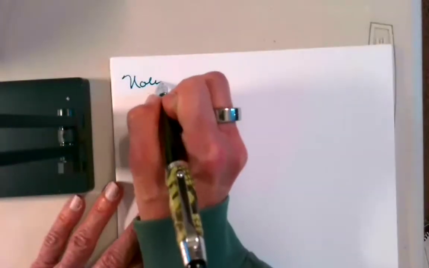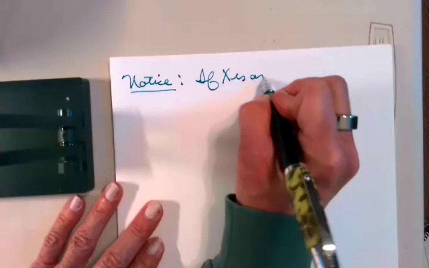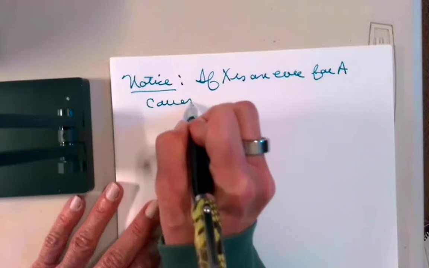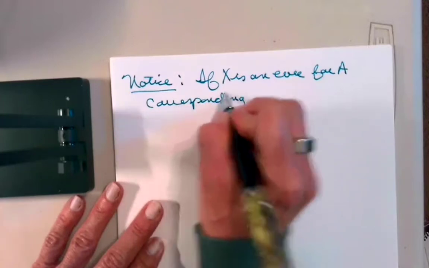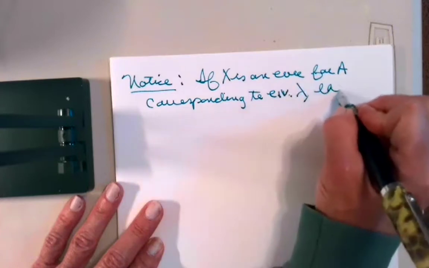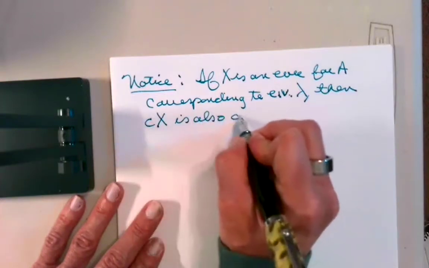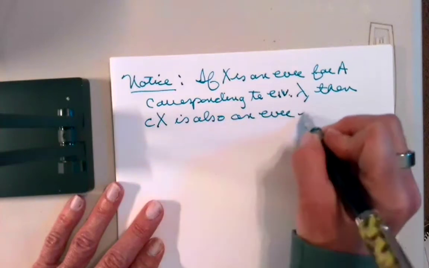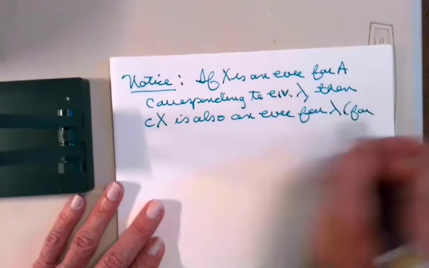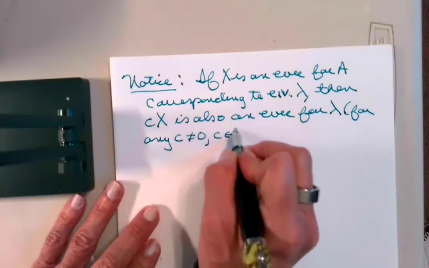Notice, if X is an eigenvector for A corresponding to the eigenvalue lambda, then C times X is also an eigenvector for lambda, for any C not equal to 0, C real.